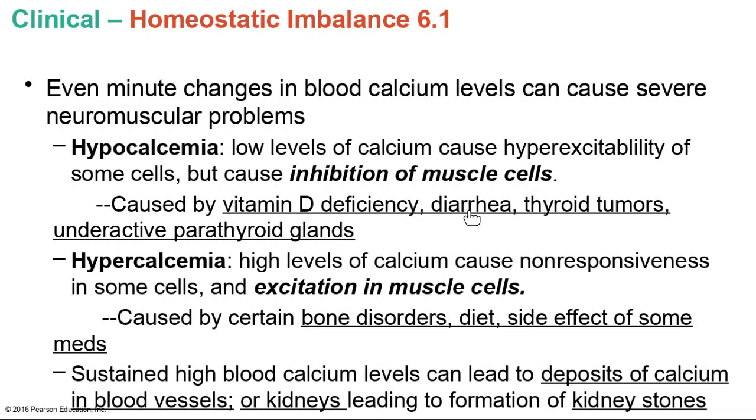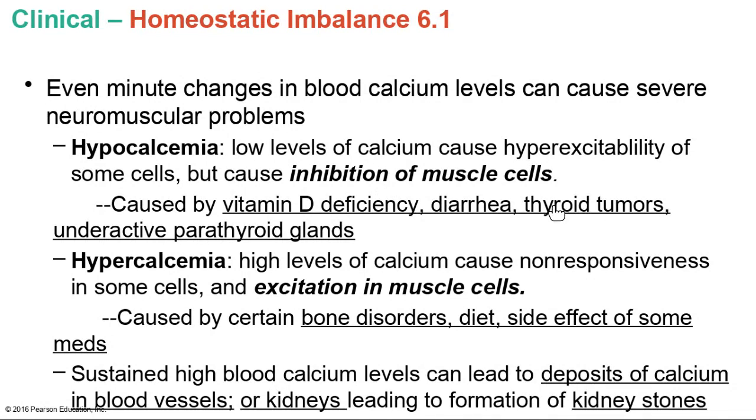Other causes, diarrhea. Well, yeah, we're excreting it. Thyroid tumors. The reason thyroid tumors can cause hypocalcemia is related to a hormone called calcitonin, which we'll talk about. Calcitonin regulates when you have high calcium levels.